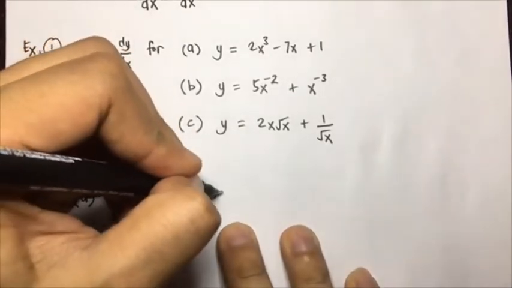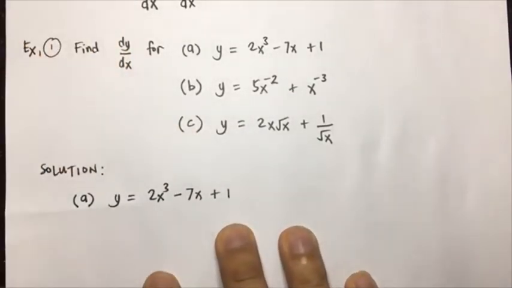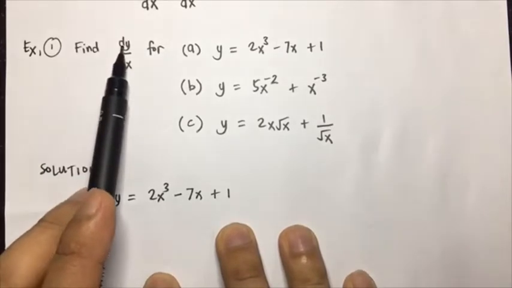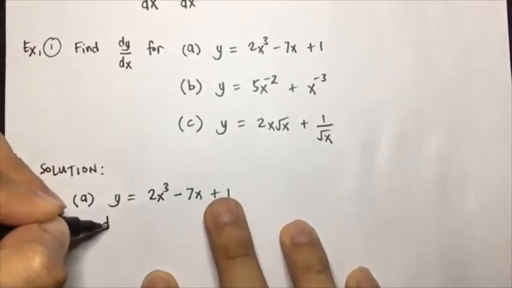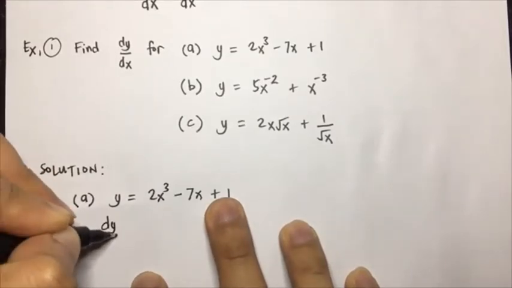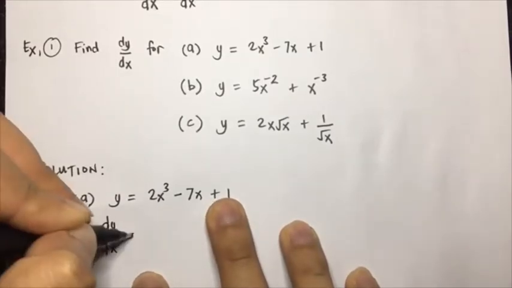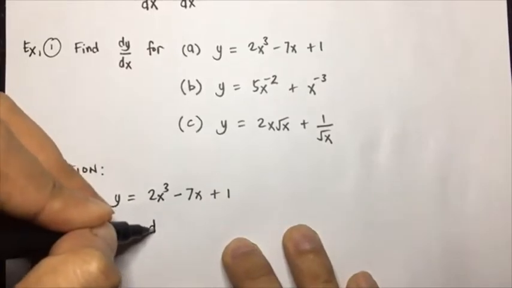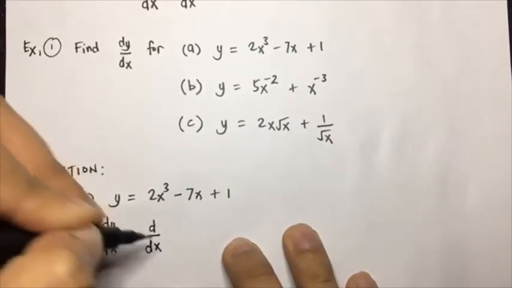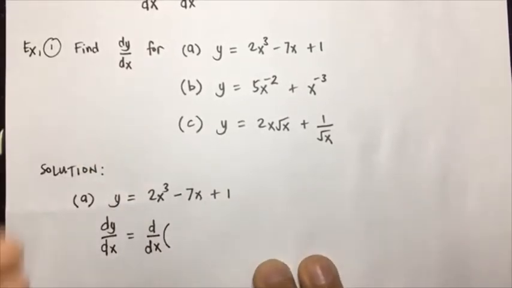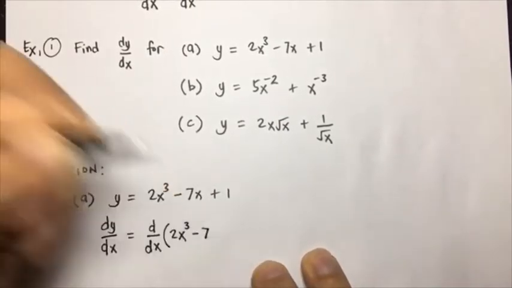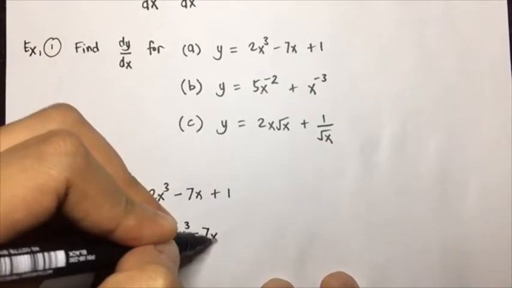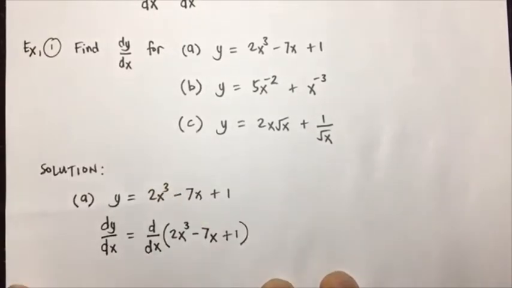7x plus 1. So if we want to derive y with respect to x, then the derivative of y with respect to x is equal to the derivative with respect to x of 2x cubed minus 7x plus 1.